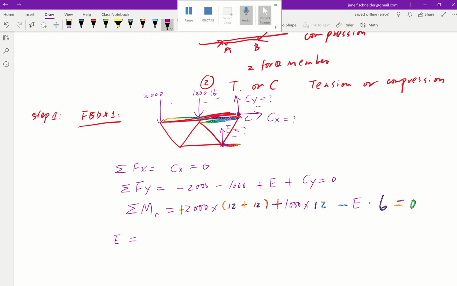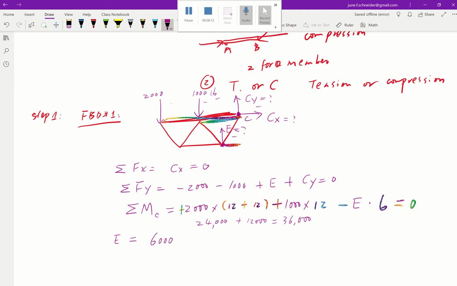So let's take a look. This is going to be 2,000 times 12. That's going to be our 24,000. Then plus 12,000, right? So that's going to be our 36,000. Okay, so 36,000 is going to be equal to E times 6, so our E is going to be equal to 6,000.